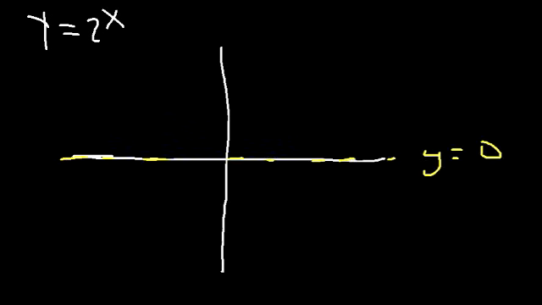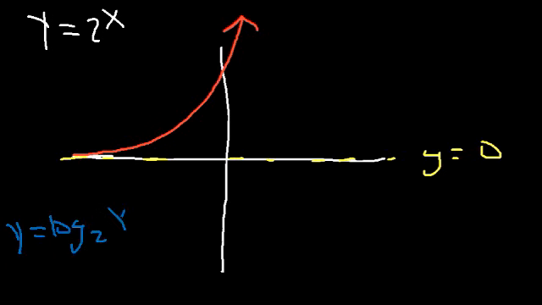So now let's see if we can summarize logarithmic and exponential functions. So the generic graph 2 to the x has the horizontal asymptote at y equals 0, and it's an increasing function. Now the graph y is equal to log 2 of x is going to have a vertical asymptote at 0, and it too is an increasing function.